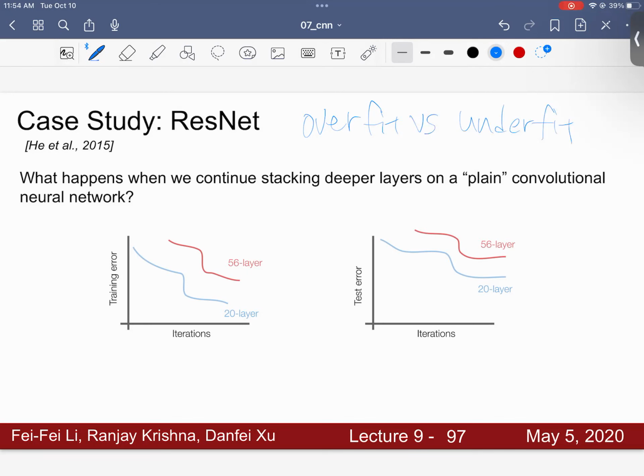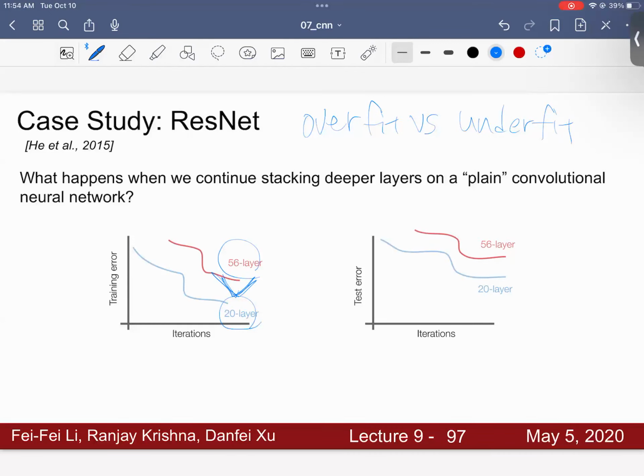Underfitting is when your model is not large enough. It doesn't have enough parameters, or it doesn't have enough capacity to learn from data. So that's how you overcome underfitting: increase the size of your model. But that's not what's happening here, because your model is already larger than this one, right?